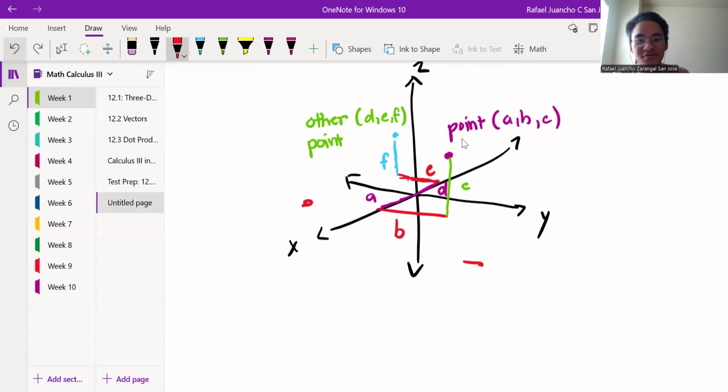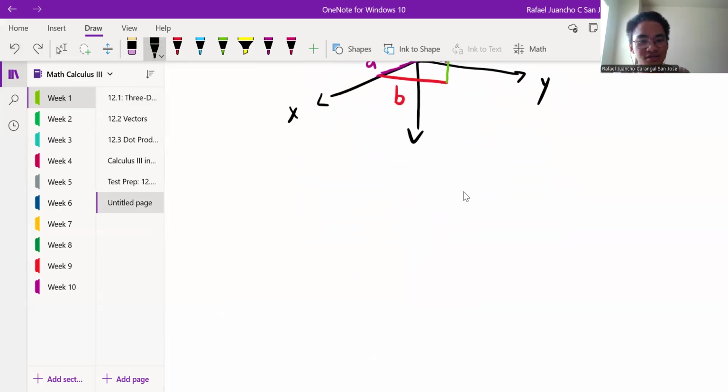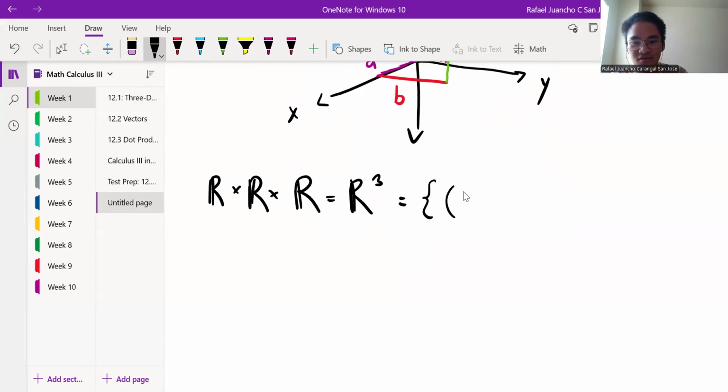And that formula there, the real numbers, R times R times R, which is just R cubed, is basically the set of all X, Y, Z numbers you can get.